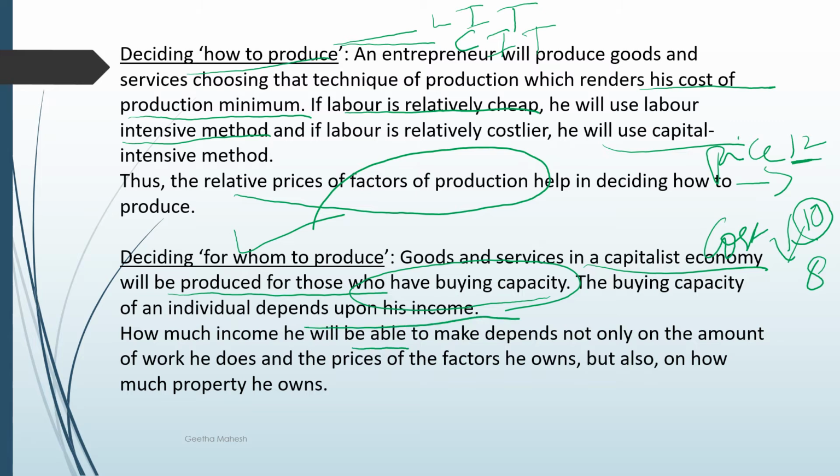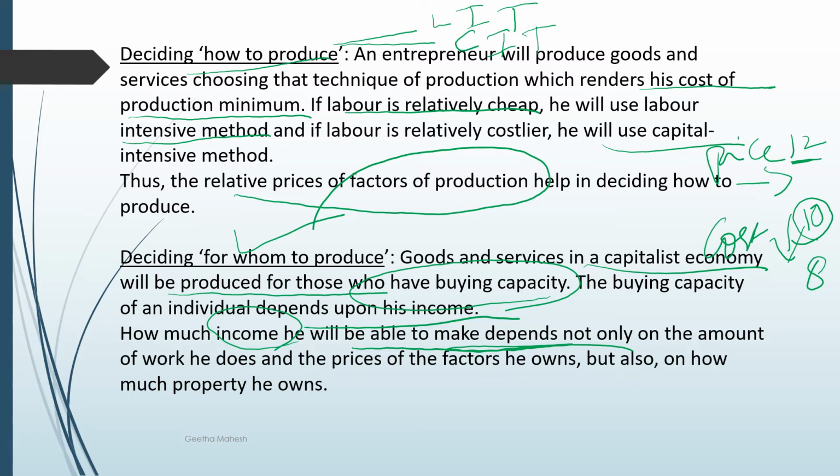Income will help us to decide the ability of consumer. Depending upon the income, how much income he is able to spend, on which type of goods and services he is going to spend that money. All this will help us to take a decision what to produce, how to produce, and for whom to produce.